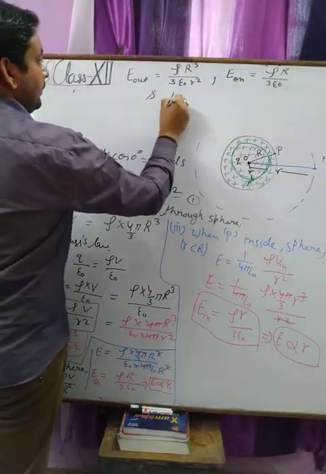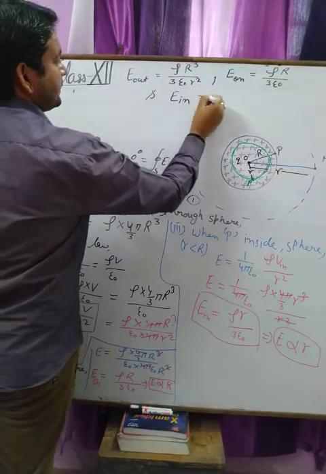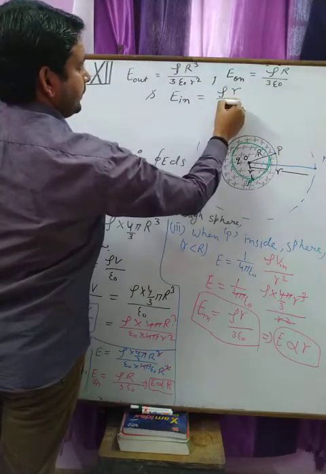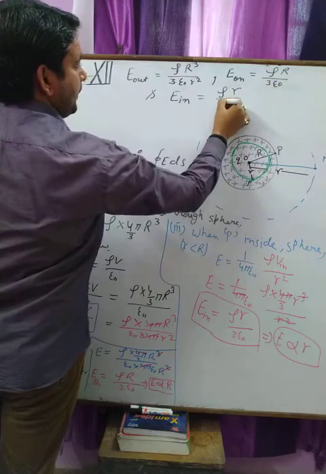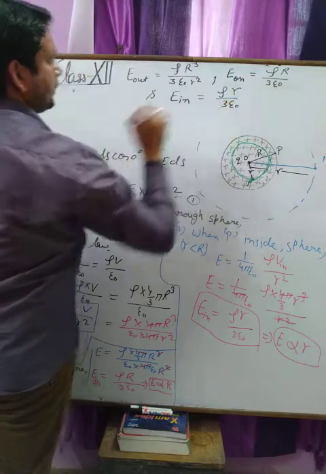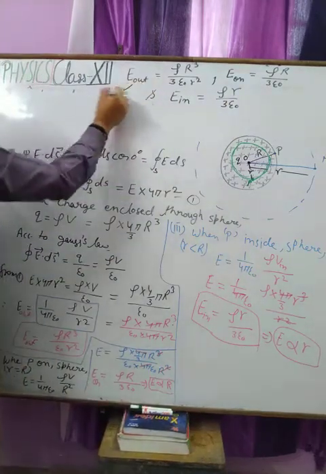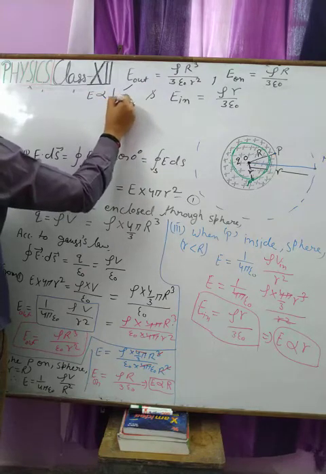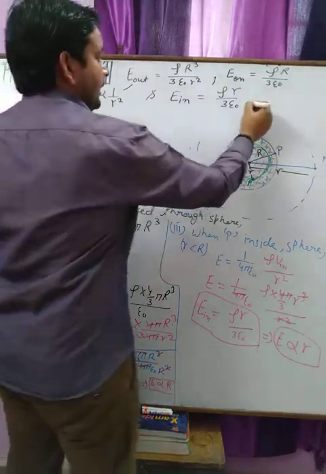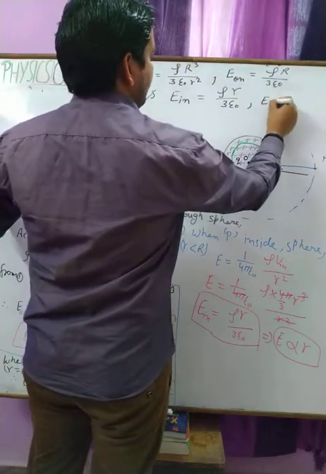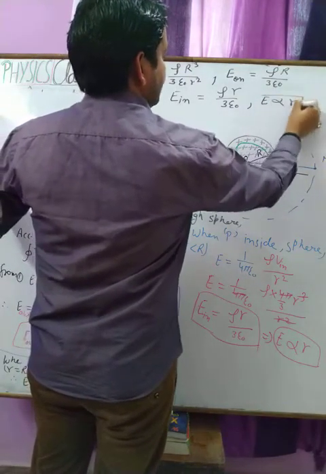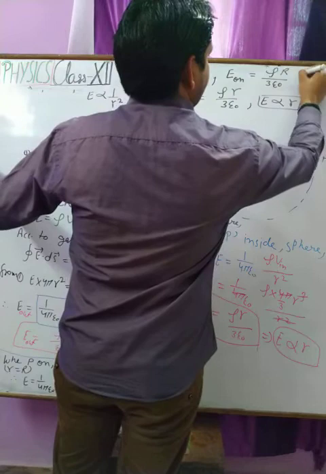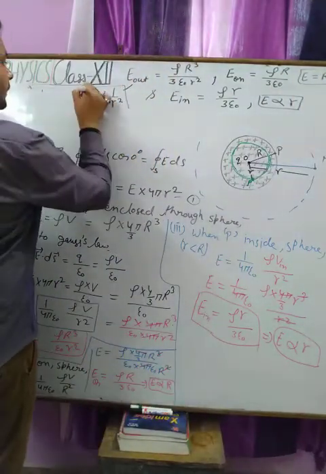And electric field inside the sphere is rho small r upon 3 epsilon naught. Okay, now outside के लिए जो इलेक्ट्रिक फील्ड है वो इस तरह से रिलेटेड है डिस्टेंस से. इनसाइड के लिए जो इलेक्ट्रिक फील्ड है that is directly proportional to r, and for this is this. Okay, you have the three rules.